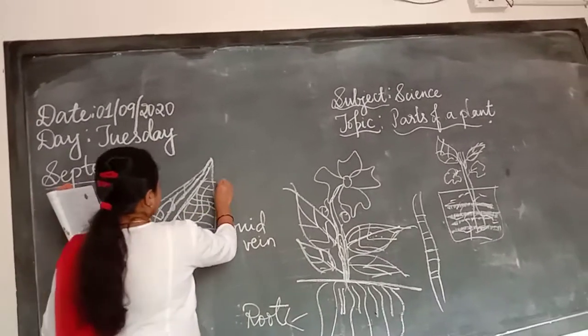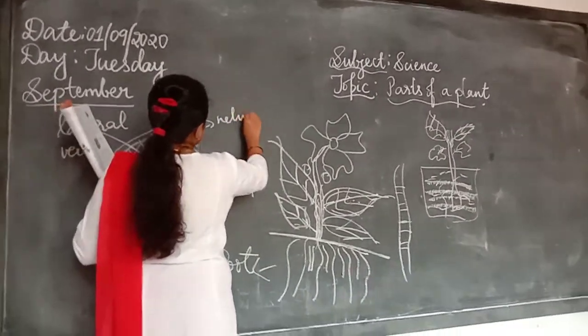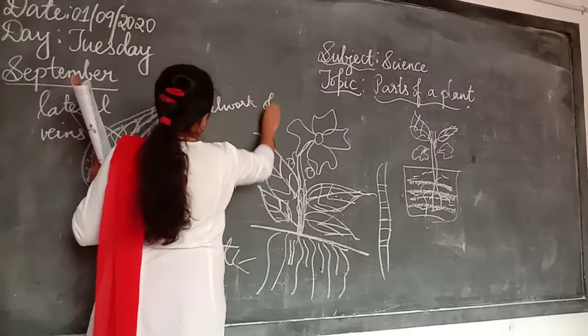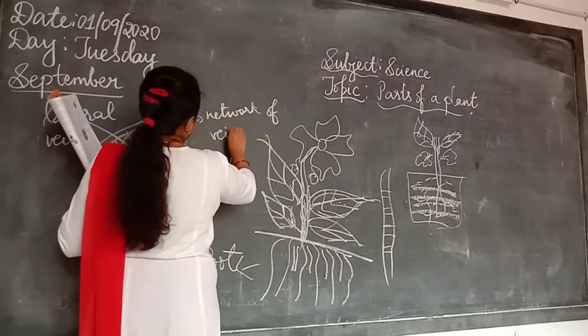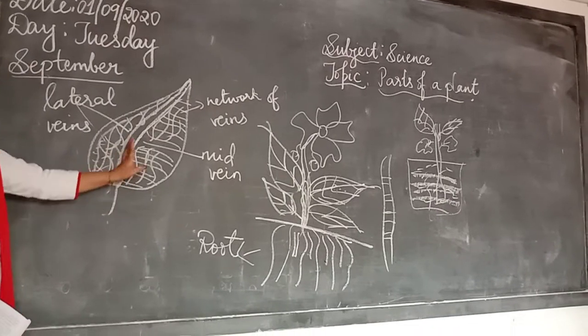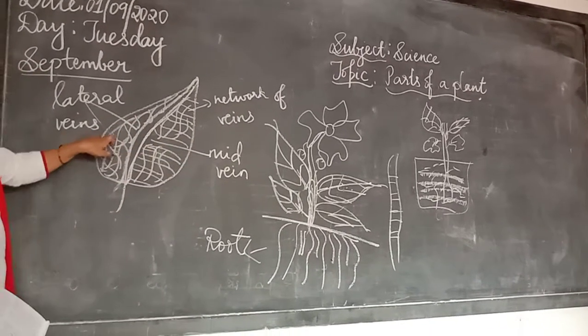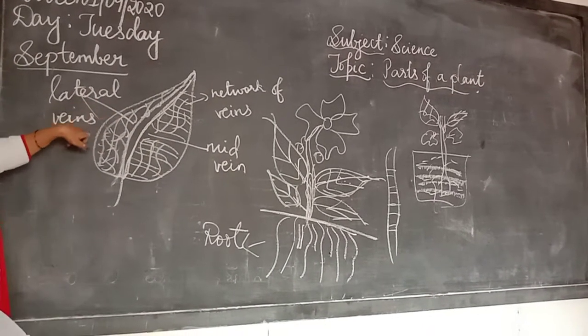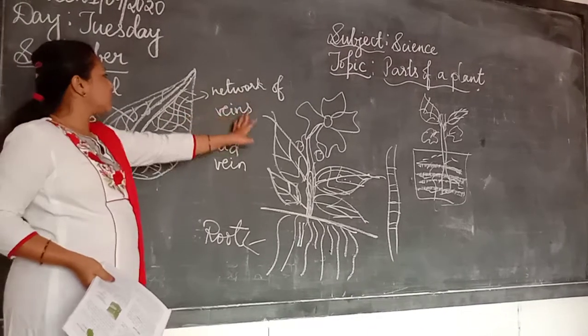This is the network of veins. Okay, so this centrally placed line is called midvein. These on the left part are lateral veins. These are called network of veins.